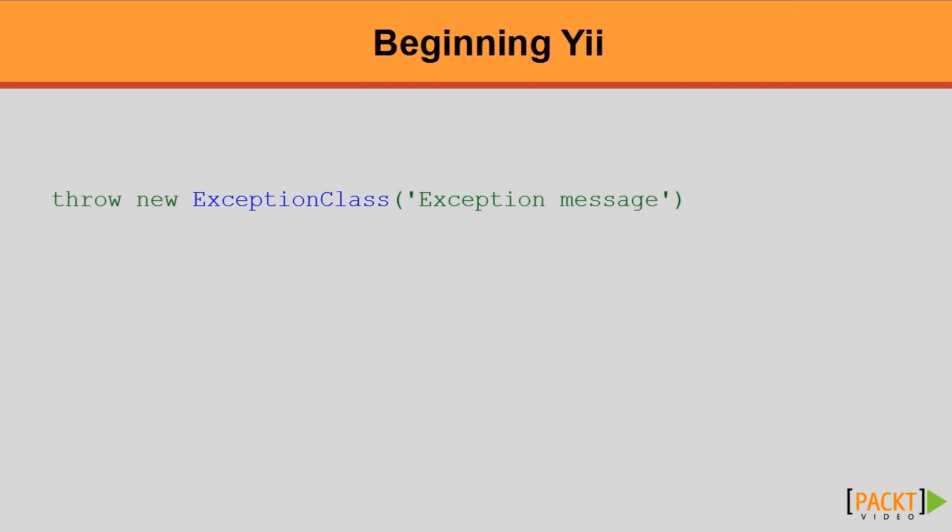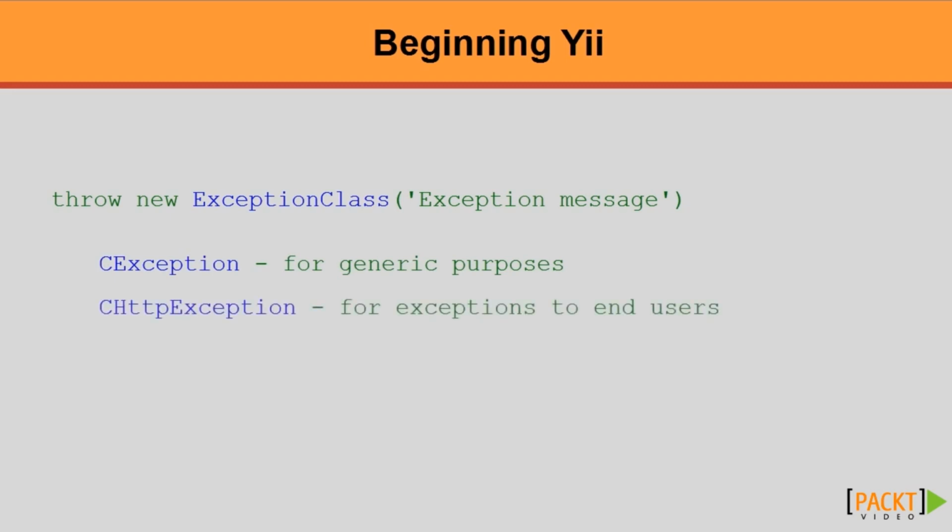Exceptions are raised using the syntax throw new ExceptionClass with an exception message, where the exception class is one of the following. CException for generic all-purpose exceptions, CHttpException for exceptions that should be displayed to end users, such as mistyped URLs, and CDbException, which is used for exceptions caused by a database-related error, such as SQL syntax and so on.